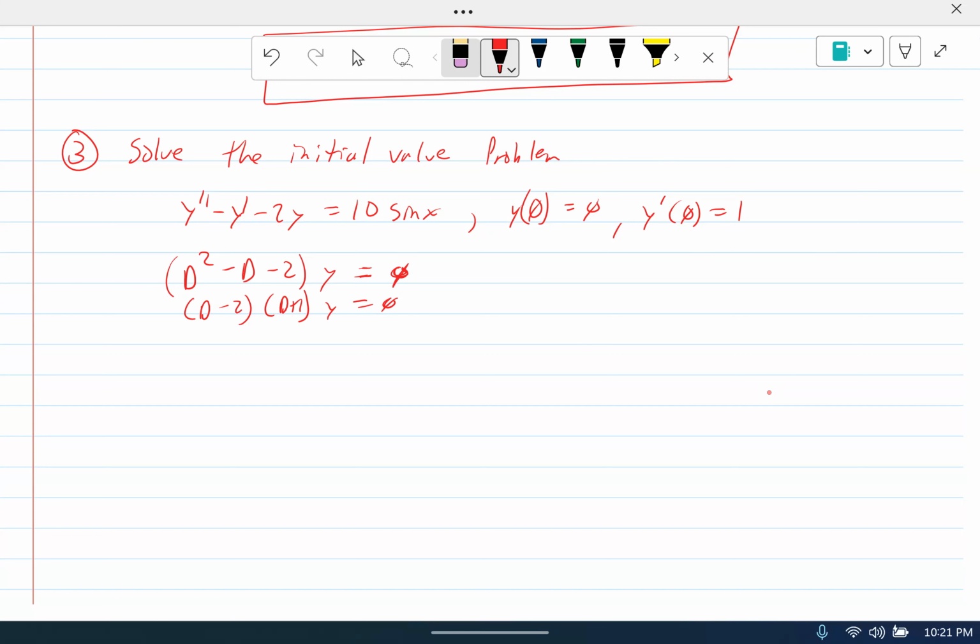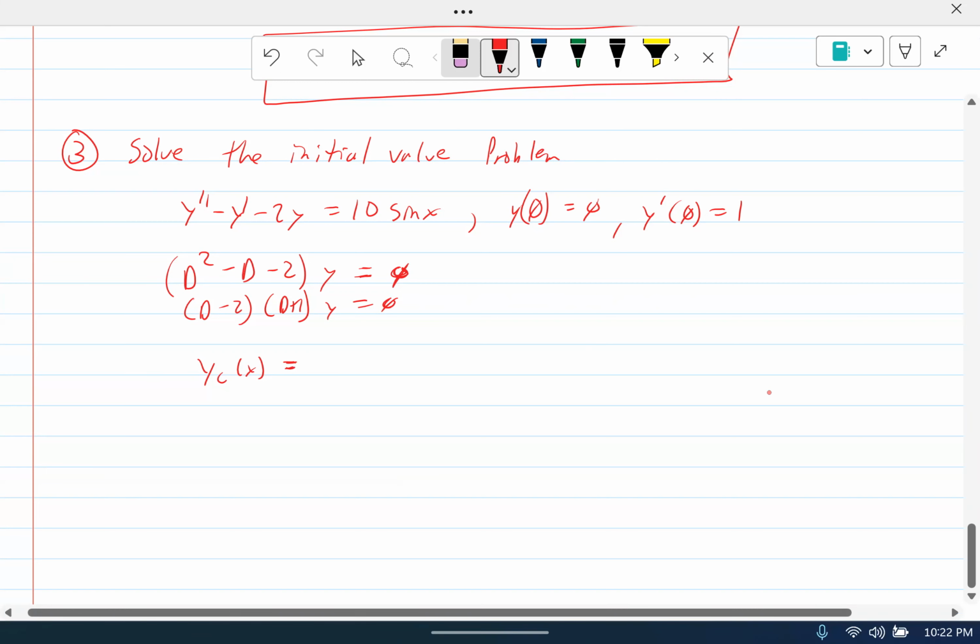Okay. And so we know that basically y c of x, my complementary function, is going to be equal to c1 e to the, well, here, we'll say that r is equal to 2 and r is equal to negative 1.